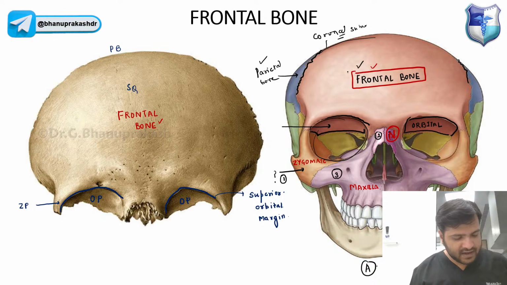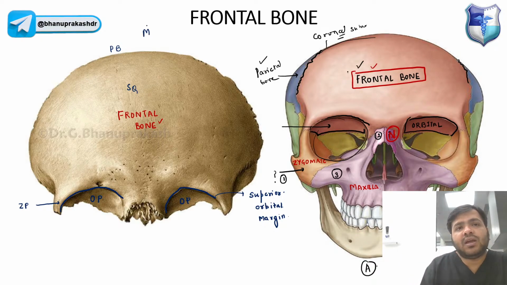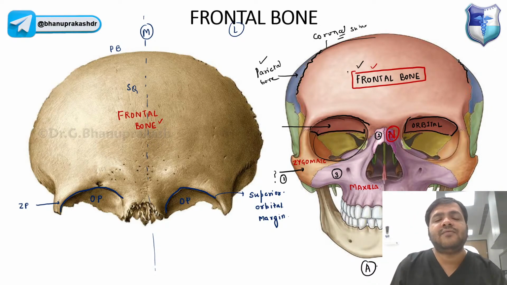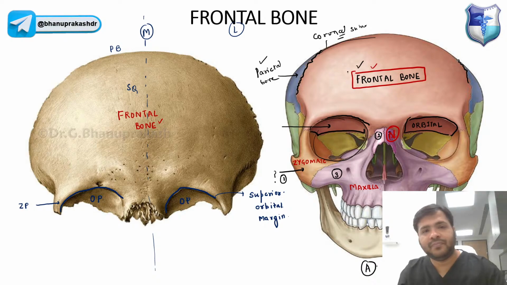Now I hope everyone can appreciate over here. Now guys, you already know that the midline of the body is over here only, and on the sides it will be the lateral part, right? From medial to lateral, we have two sides over here.